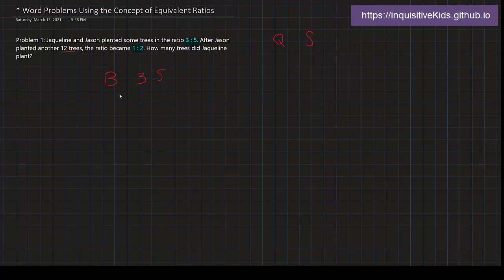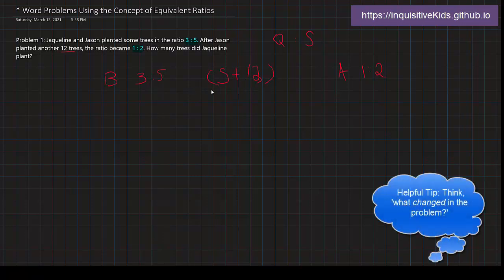So 3:5 would be our before ratio. And our after ratio would be 1:2. Also, we have to know that Jason planted another 12 trees. And that is what changed in the problem.